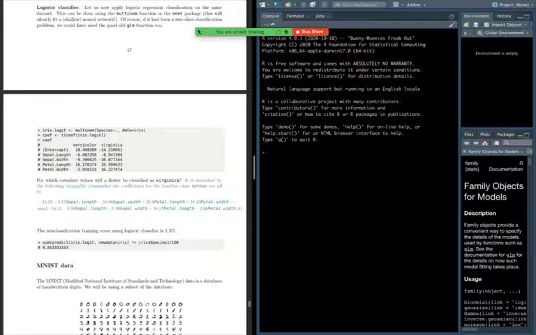Now, what does half correspond to in the space of the linear predictors? Sorry, I said it wrong.